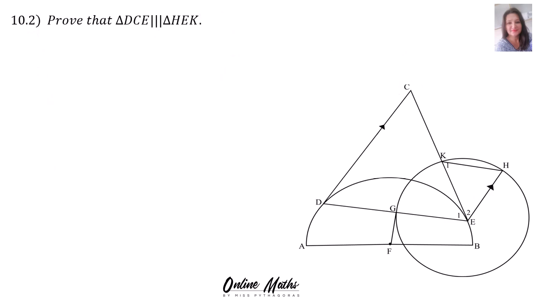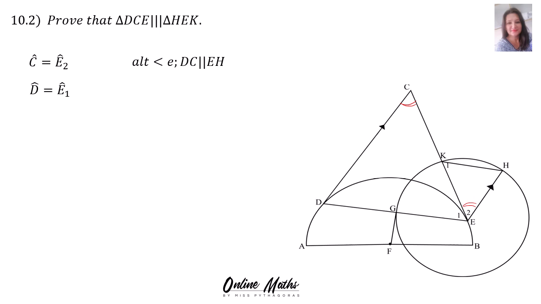Number 2, prove that triangle DCE is similar to triangle HEK. Now we can say that angle C is equal to angle E2, and the reason is they are alternate angles and they are equal since DC is parallel to EH.